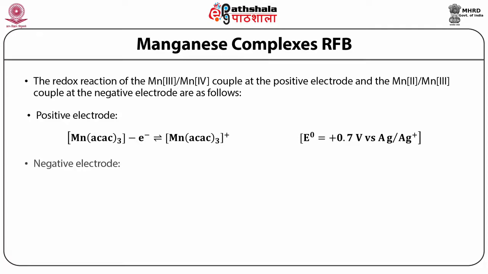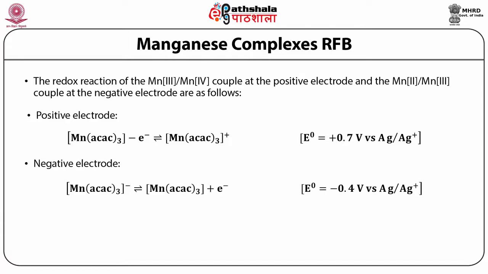At negative electrode, Mn(acac)3 minus gives Mn(acac)3 plus an electron with E naught equal to minus 0.4 volts versus Ag+.